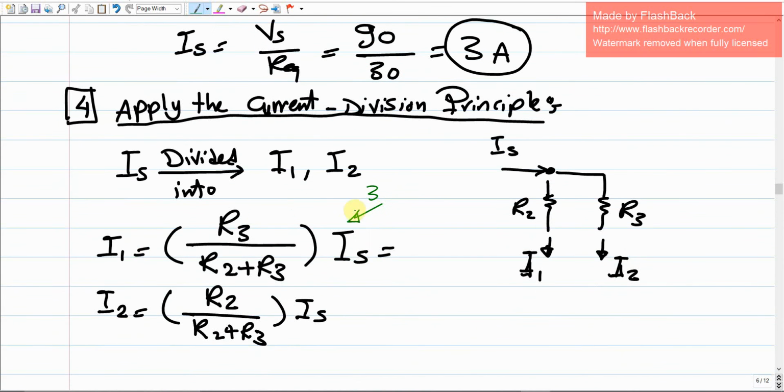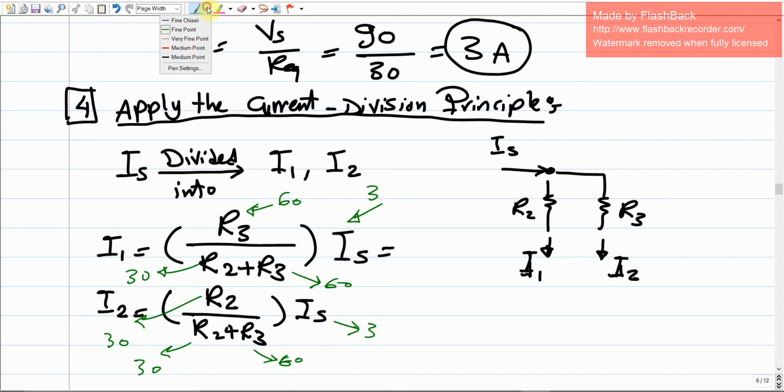So R3 is 60, this is 30, and this is 60, and this is 30, right? And this is the 3 ampere. If we did the calculations, we're going to end up here with I1 being 2 ampere and I2 being 1 ampere.